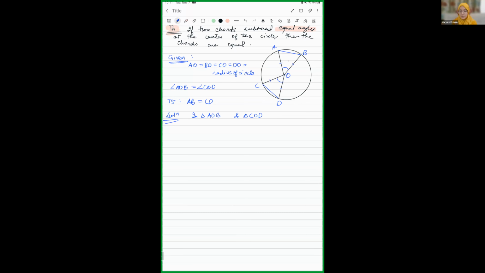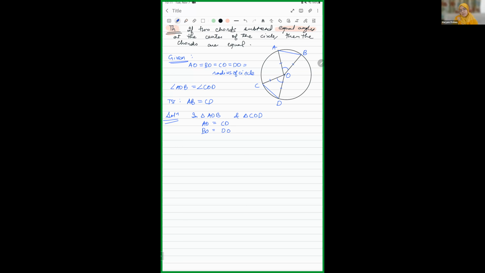Is there anything equal that you can see from the figure? AO equal to DO, and you can say CO also. BO equal to CO, BO is equal to DO. And what else?